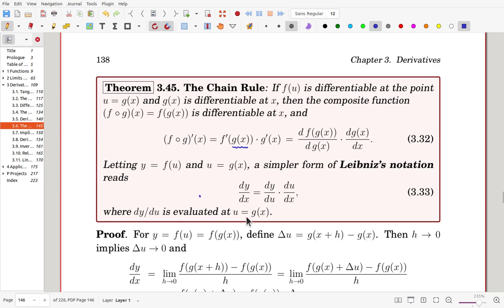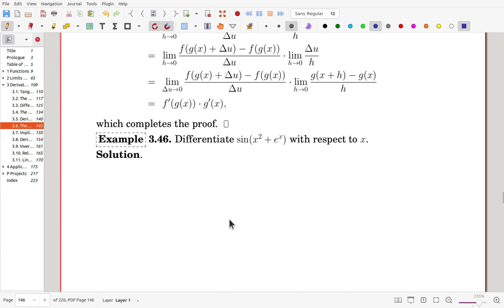So here we'll try to use this formula in this section. Differentiate sine of x squared plus e to the x. Inside this parenthesis we have x squared plus e to the x, so we may introduce u equal x squared plus e to the x.